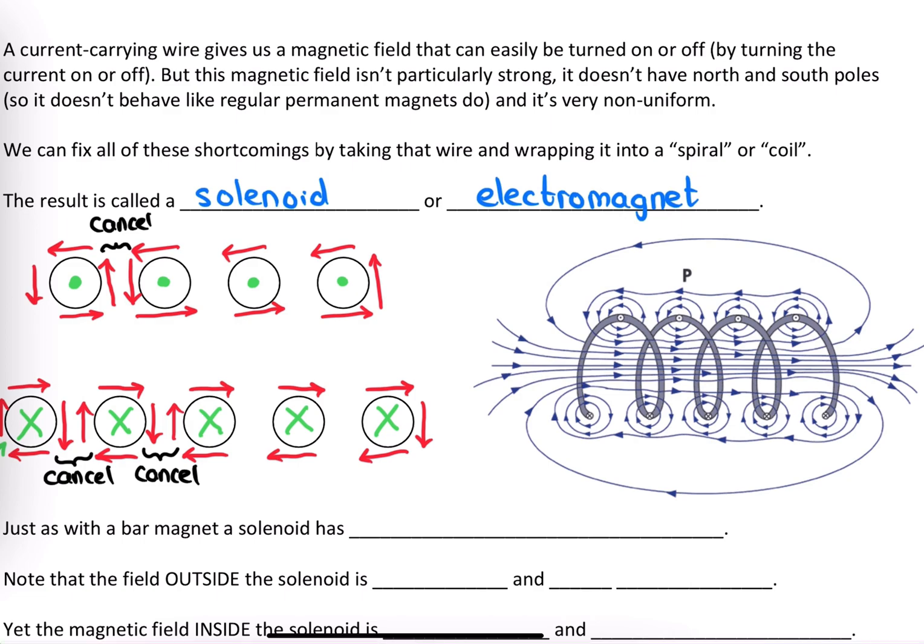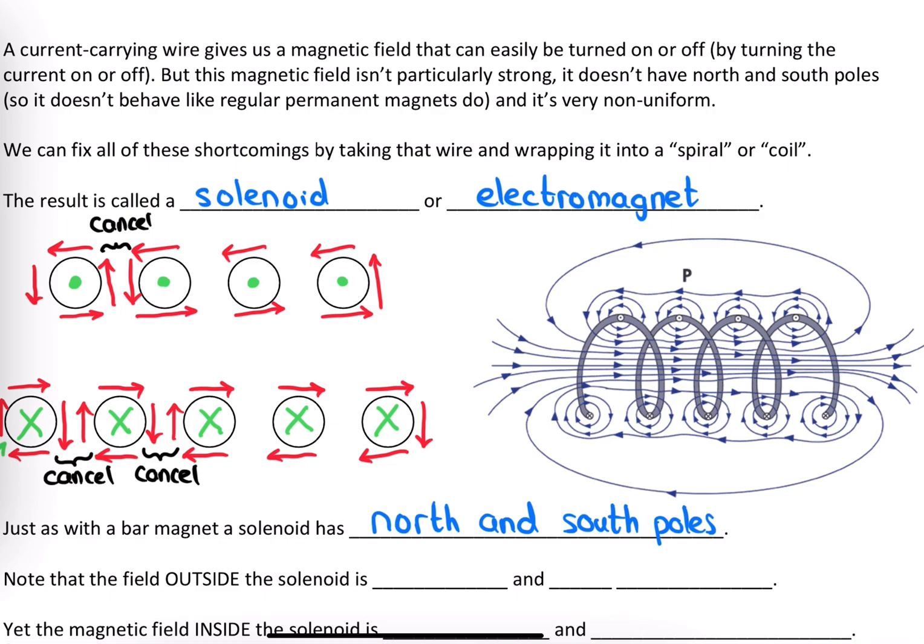So one is that just as with a bar magnet, a solenoid also has north and south poles. Recall that on the outside of a magnet, the field lines go from north to south.